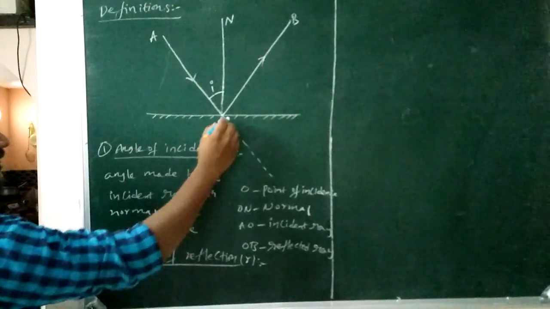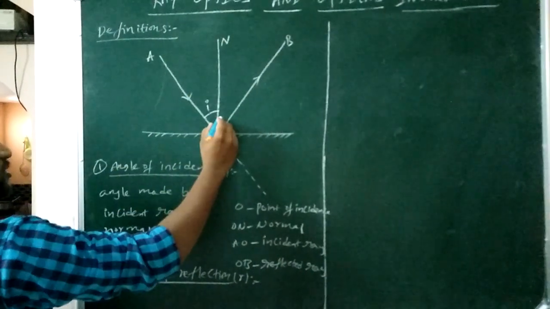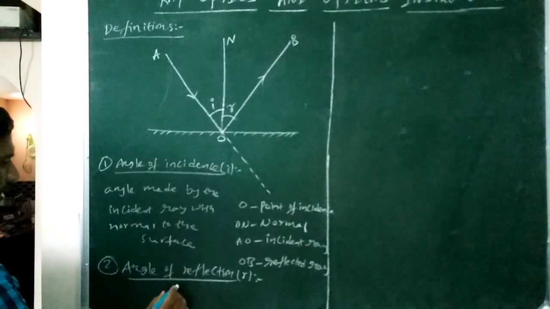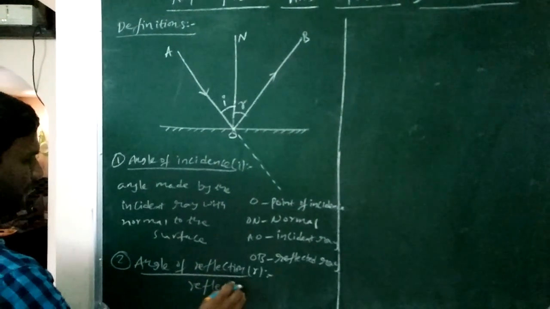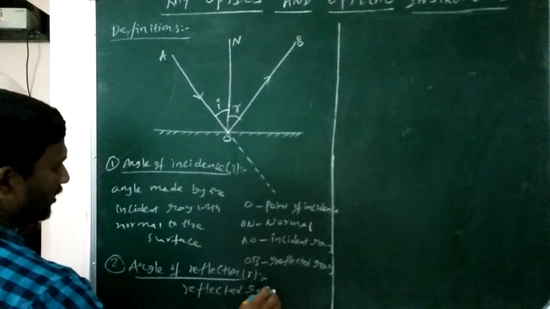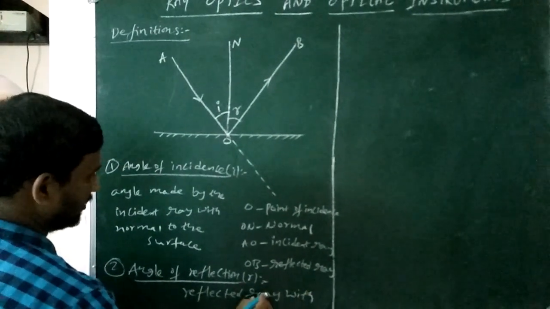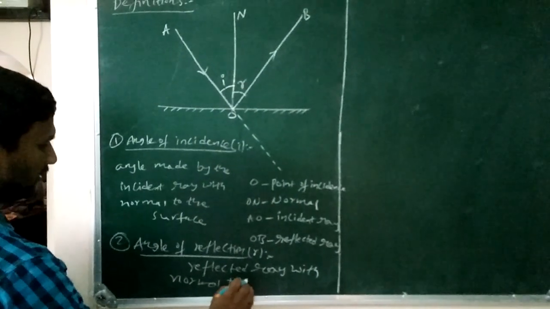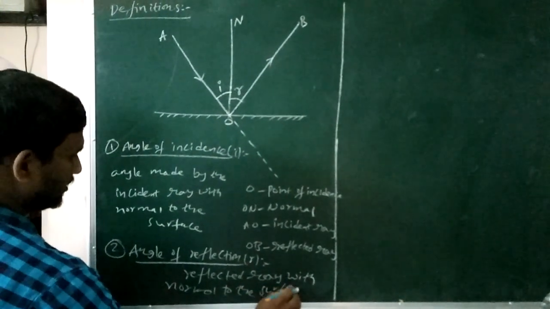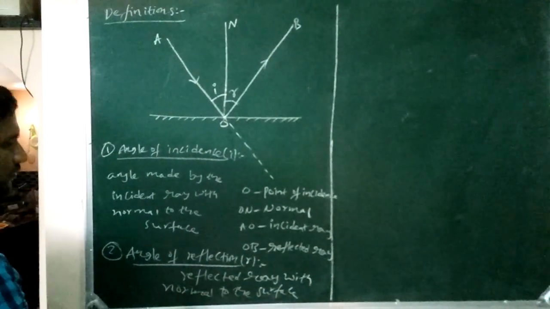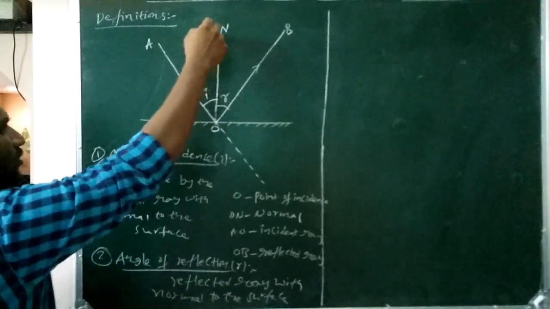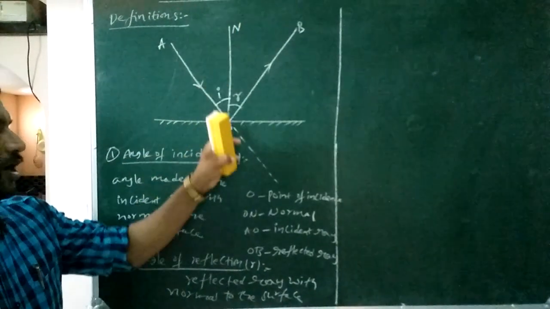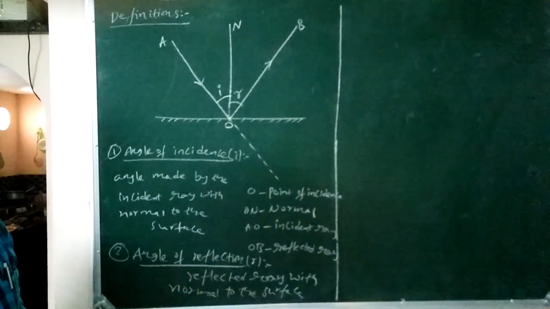The angle made by the reflected ray with the normal to the surface is called the angle of reflection. This is the reflected ray OB, ON is the normal. Therefore, the angle made by the reflected ray OB and normal ON is called the angle of reflection.